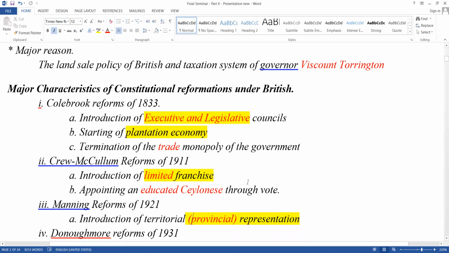Until that, what was prevailing? Communal representation. What was communal representation? Members were elected to represent a communal group. That means to represent Sinhalese, to represent Muslims, to represent a race. Okay, ethnic group, good. Some are helping me by giving some words.